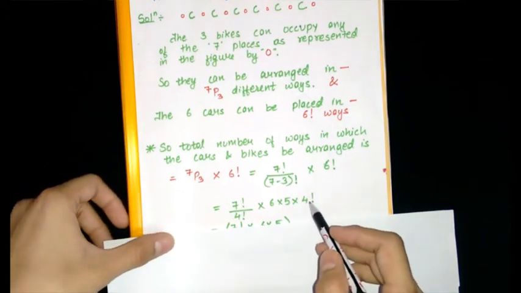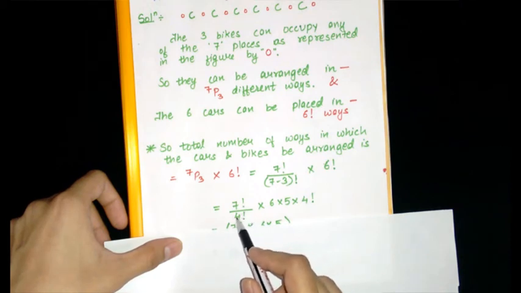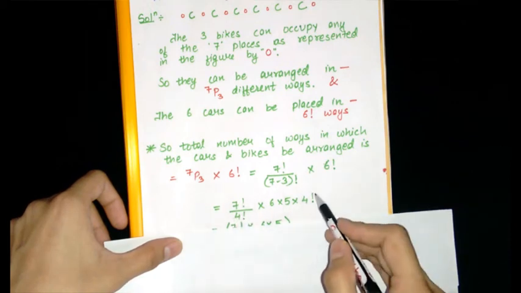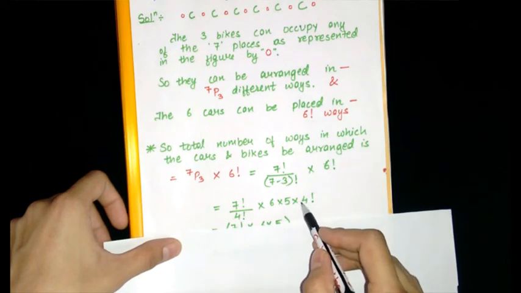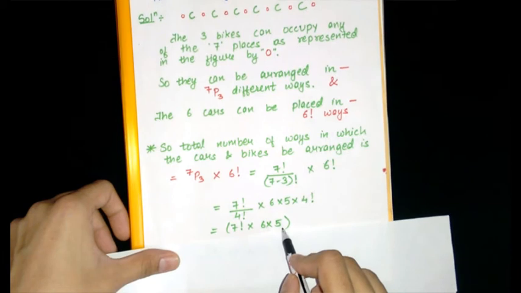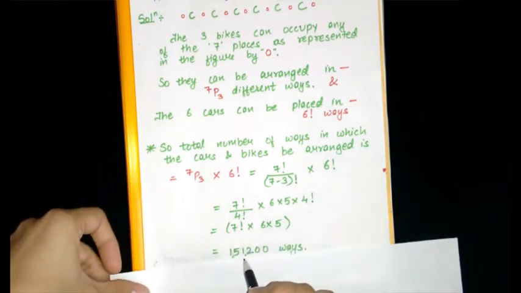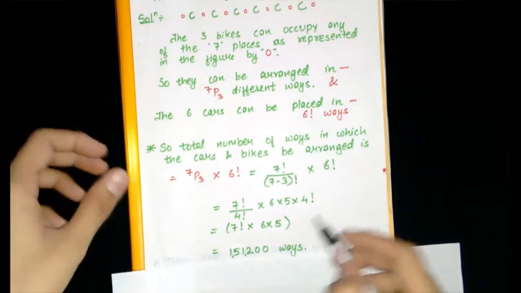I have stopped at 4 factorial because there is a 4 factorial in the denominator, and that 4 factorial in the denominator could be cancelled with the 4 factorial in the numerator, and we would be left with 7 factorial into 6 into 5, and when you solve that, it would be 1,51,200 different ways.